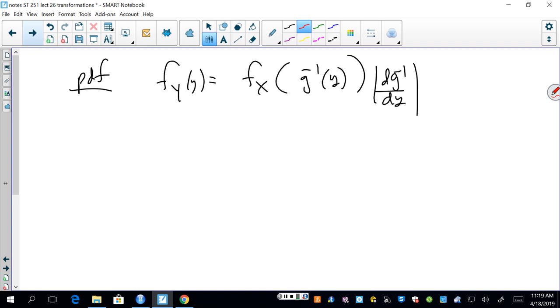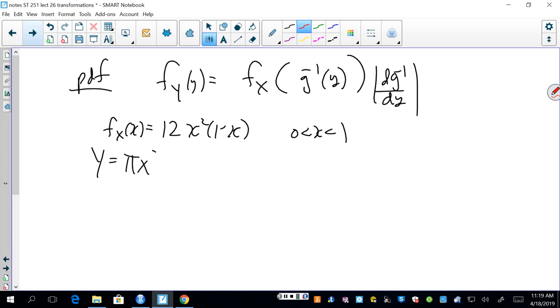So the density of x, first off, doing it this way, was 12x squared times 1 minus x. And we let y equal pi x squared. That's the g function, the transformation function.